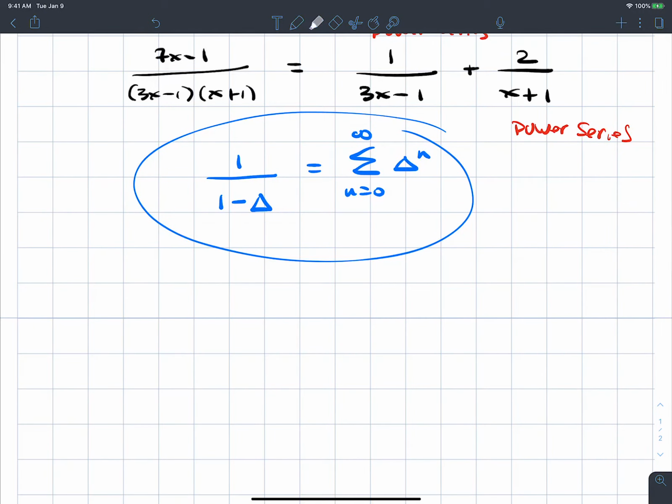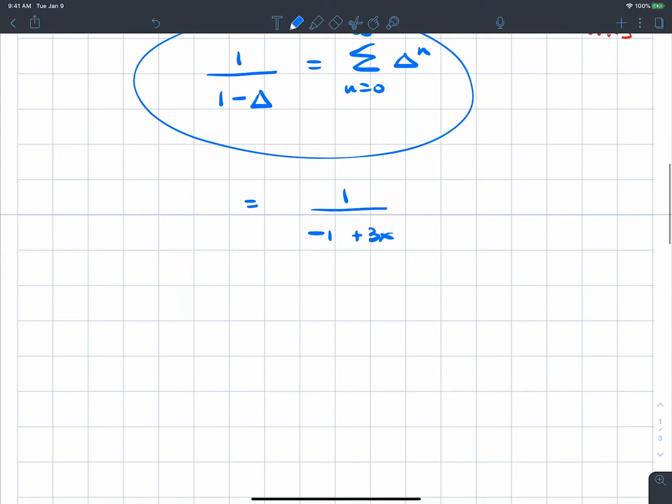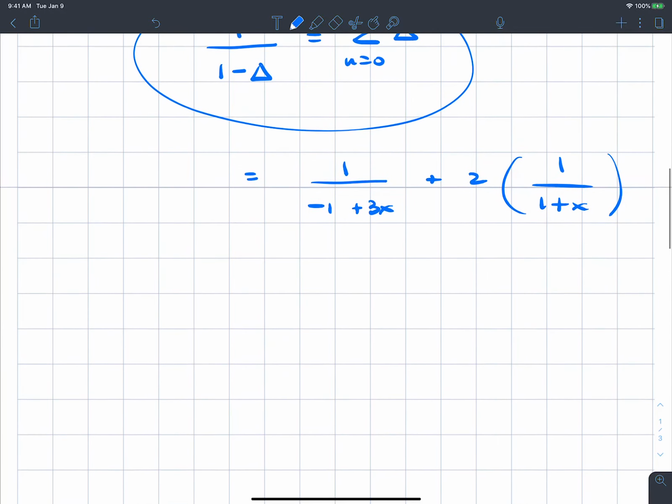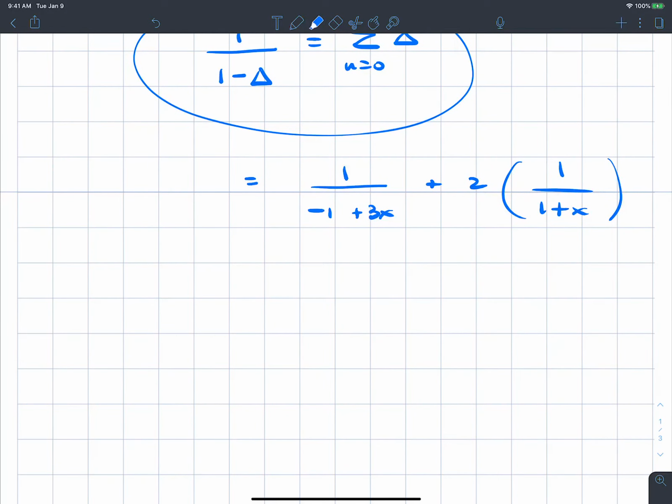Okay, so let's do them one at a time here. So I'm going to rewrite my denominator for the first power series expansion as 1 over (-1 + 3x). And the next one will be 2 times 1 over (1 + x). Okay, so what I'm going to do now is factor out a -1 from the first denominator, and we get -1 times (1 - 3x).